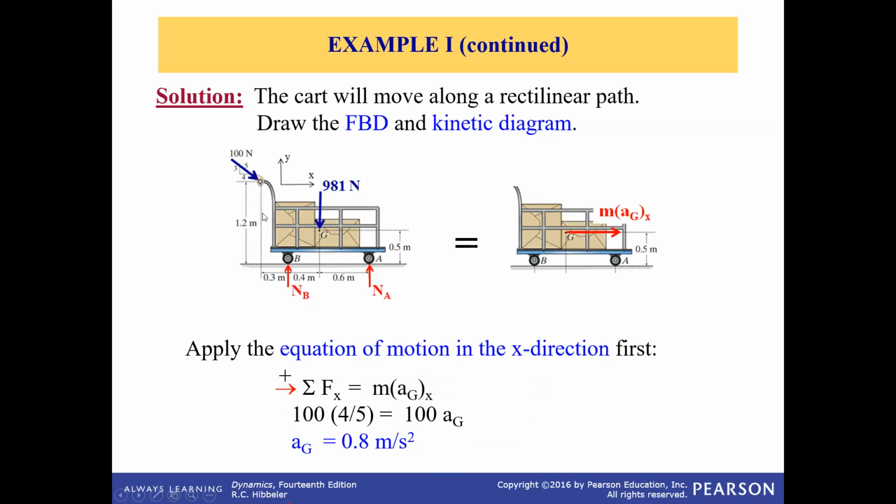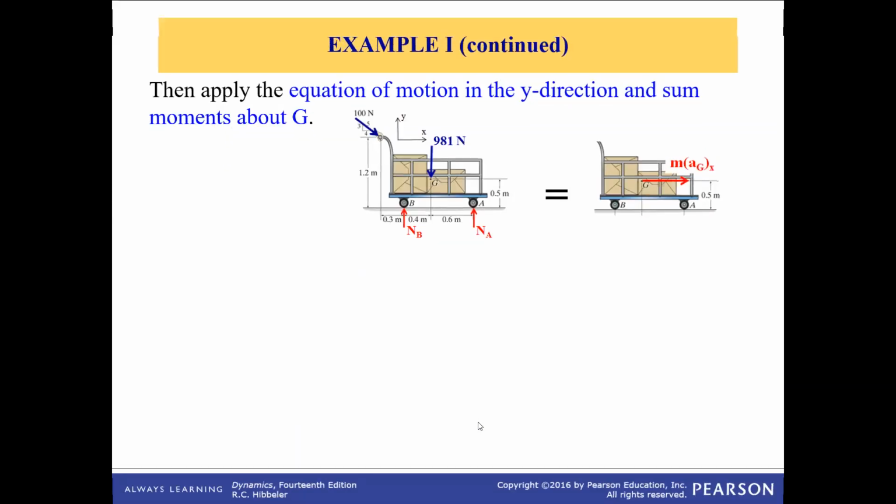That should equal, because all the other forces are in the vertical direction, the x component of this force, which is the net force in the x direction for the car, m times aG, the acceleration of the car. That will tell you the acceleration of the car is 0.8 meters per second squared.